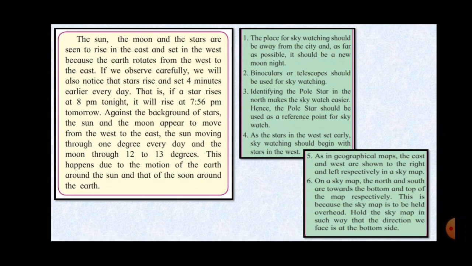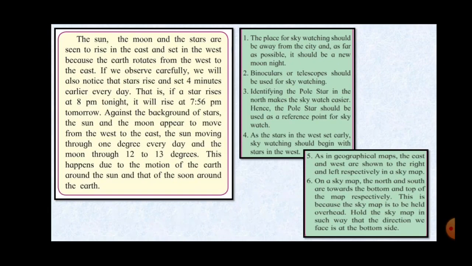And when we go for sky watching, first thing is that we should identify the pole star. Why? Because when we identify the pole star it becomes the reference point for the sky watch. And as the stars in the west set early, sky watching should always begin with stars in the west because they will set early. So we should always start with the west.